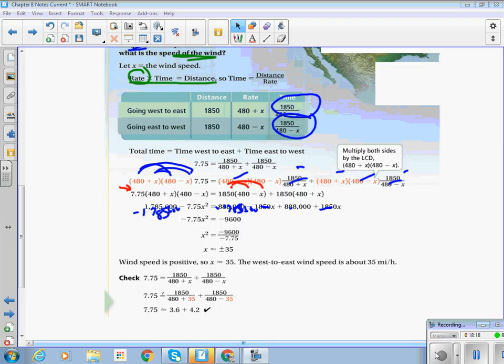And because we're rounding, look at our little approximation. You guys see the approximate? So 3 plus 4 is 7, and 0.6 plus 0.2 is 0.8. So this is about 7.8, which is about equal to 7.75. Not bad for rounding.